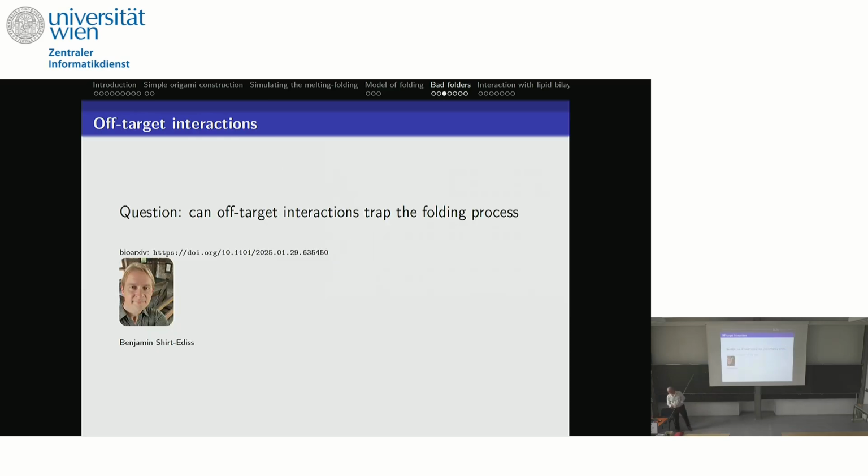I had a quite fruitful interaction with the group of Natalio Krasnogor in Newcastle. And Benjamin at that time was working on this. So he developed an algorithm that, for a given origami and given path along the origami, is able to tell which scaffolds are not going to give a right folding.